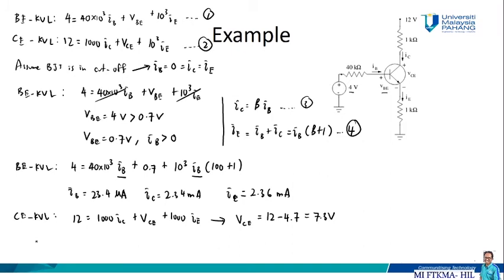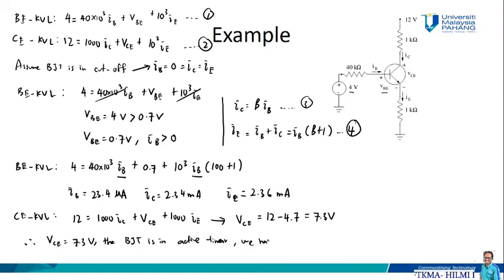So we can put as conclusion that VCE is equal to 7.3 volt, and the BJT is in active linear region.